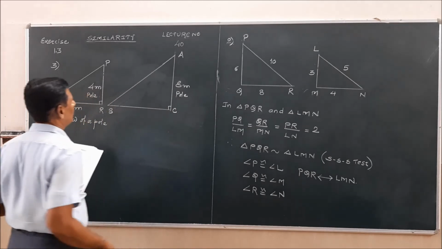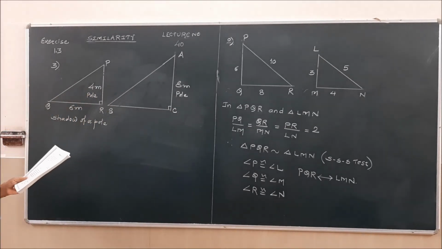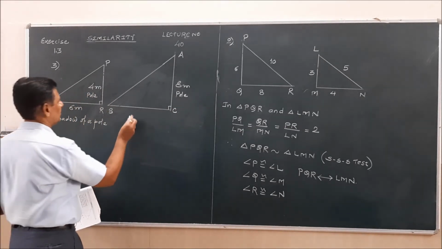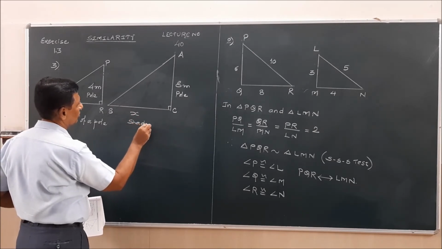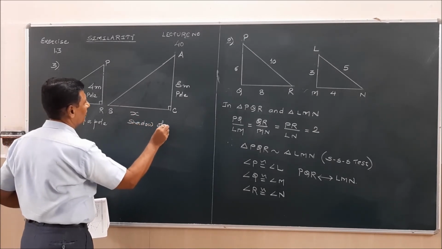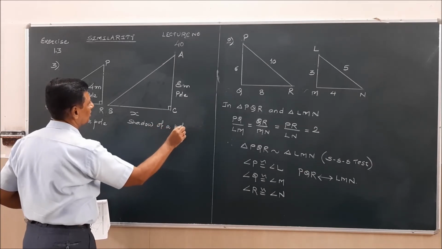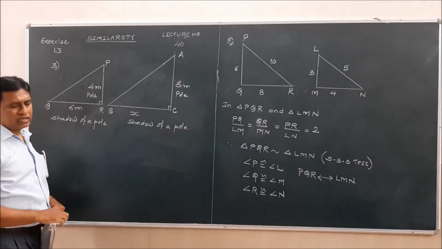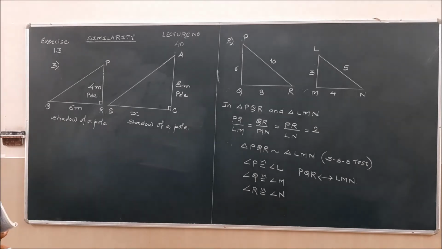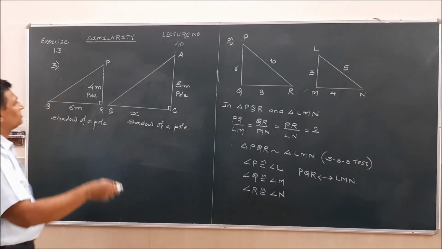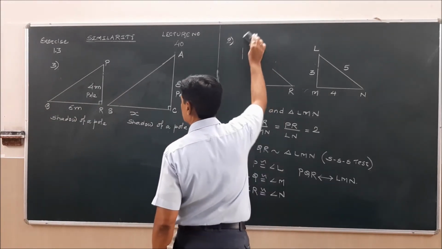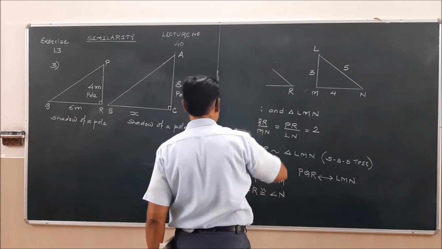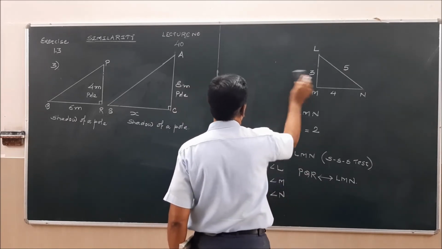This is a pole, and the shadow of the pole is X. AC is the height of the pole, PR is the height of the pole, and QR is the shadow of the pole.